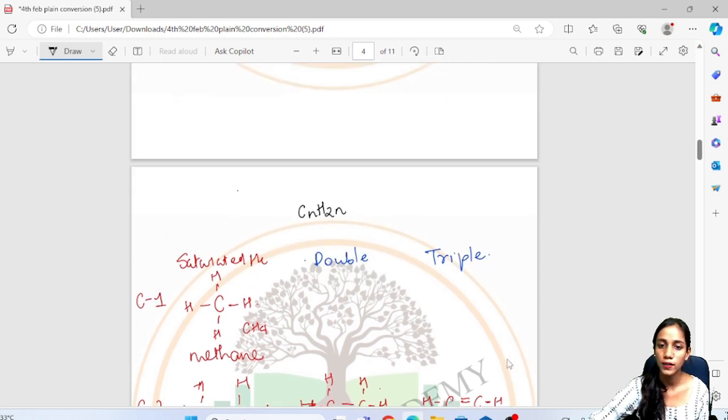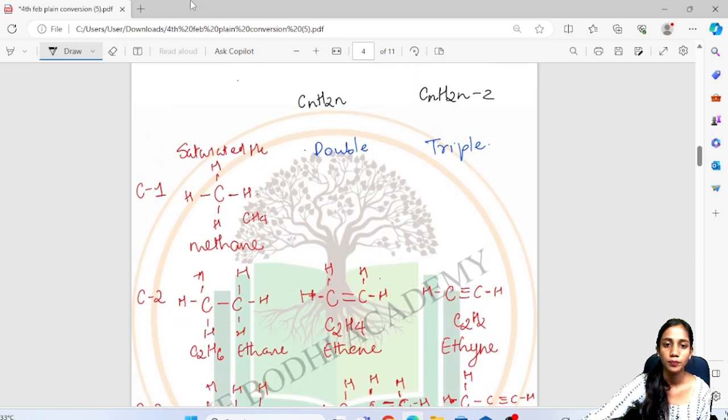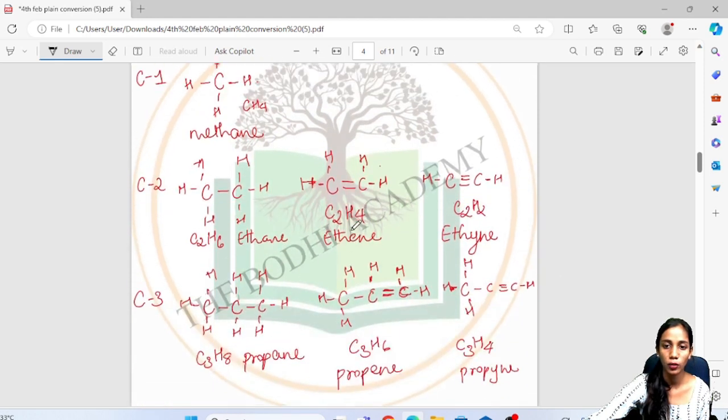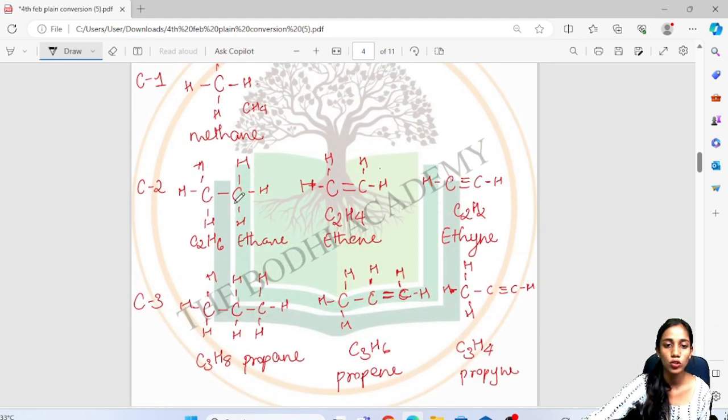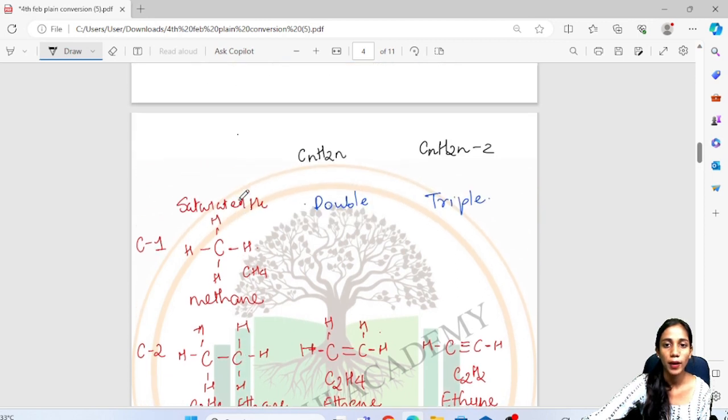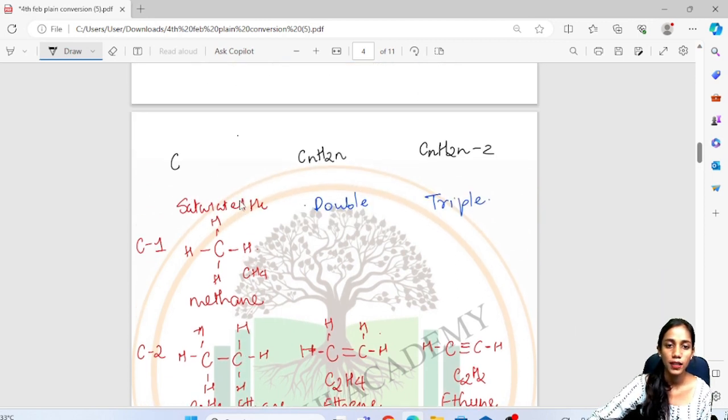So the formula is CnH2n minus 2, and for the saturated hydrocarbon, it is increasing by 2. If you notice, H4 is increasing to H6. It is increasing by 2, so it becomes CnH2n plus 2.